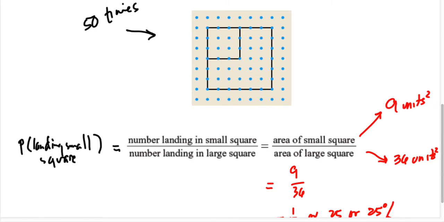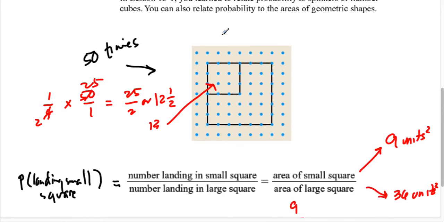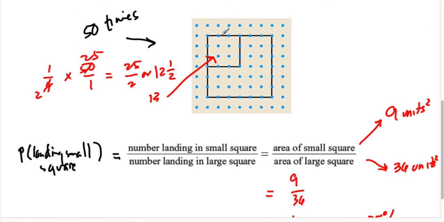All you need to do is multiply your probability, 1/4, by 50 over 1. You end up with 25 over 2, or 12 and a half, or roughly 13 beanbags will drop into that small square. So if you threw the beanbag 50 times, roughly 13 of the beanbags will fall into that small square. That's what I forgot to answer.